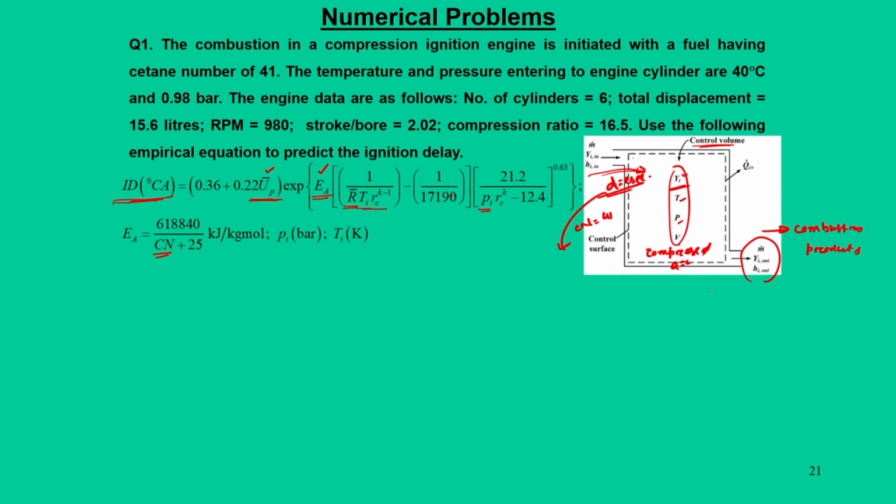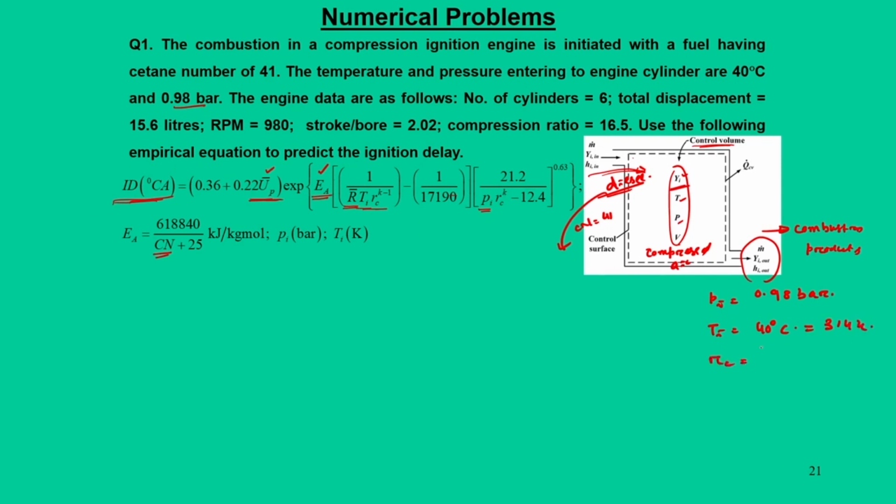The data given are: PI, that is initial pressure, is 0.98 bar, as the charge is entering. TI is 40 degree centigrade, which has to be in Kelvin, 314 Kelvin.